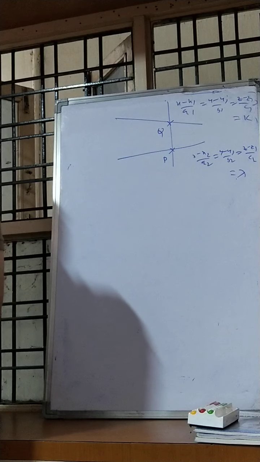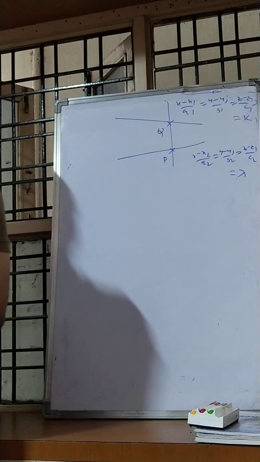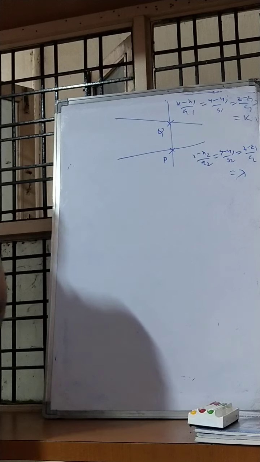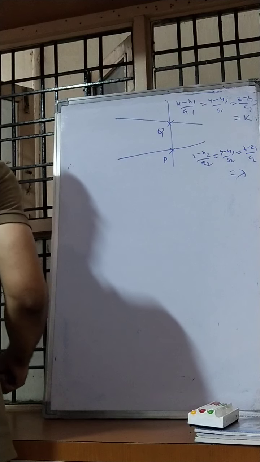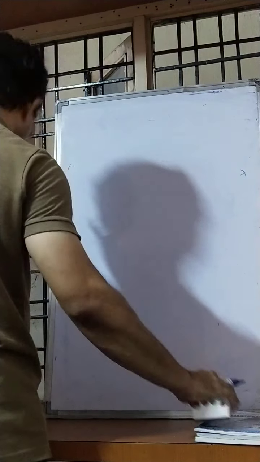I'm unable to get the exact numbers. Okay, the shortest distance between the lines, numbers, I got it. Right, here I got it.